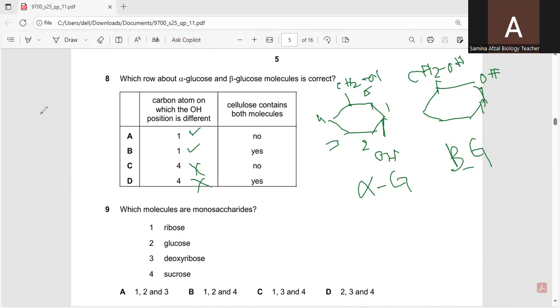Cellulose contains both molecules? So which row about alpha and beta is correct? The atom on which the OH position is different is carbon number 1.